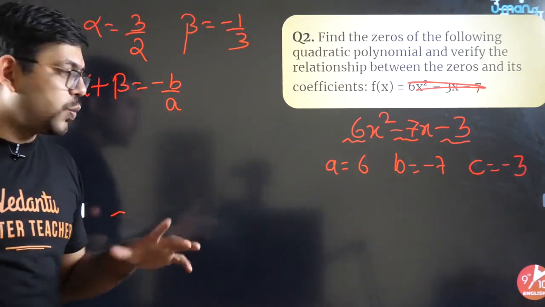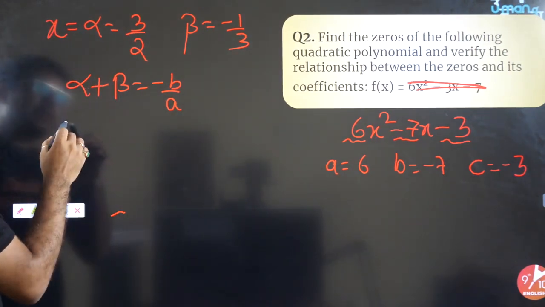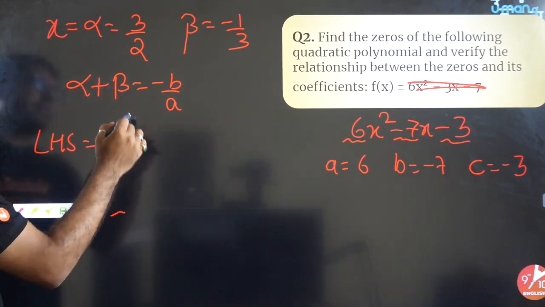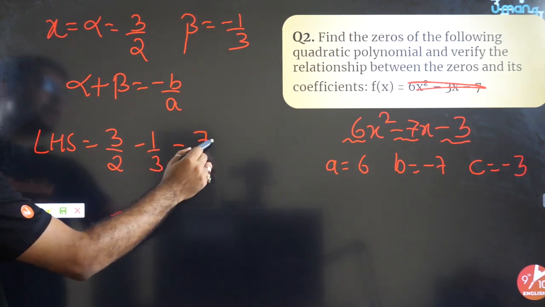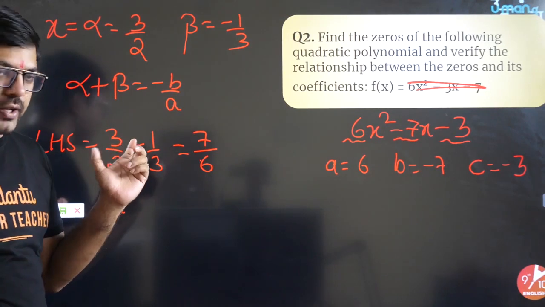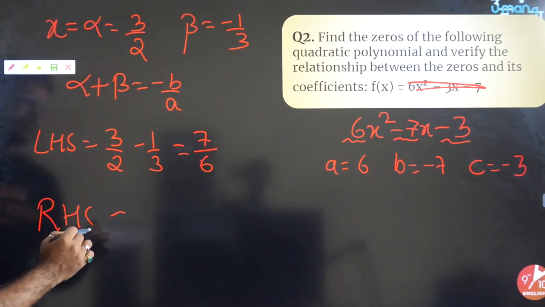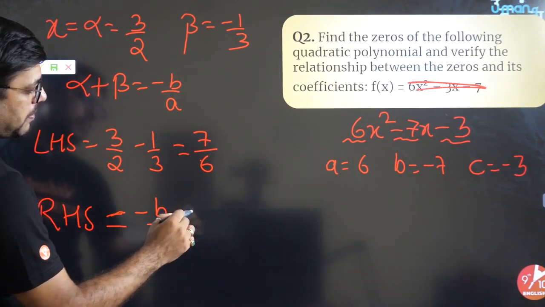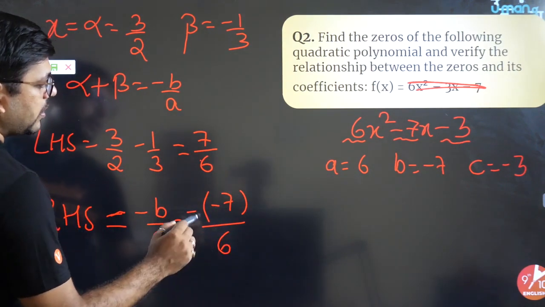So if I talk about alpha plus beta, I'll write LHS first. LHS is 3 by 2 and beta is minus 1 by 3. If you take the LCM, 3 3 is 9 and minus 2, you will get 7 by 6. Now if I talk about the RHS part, RHS is minus b upon a, that is minus, in place of b you will write minus 7 and in place of a you will write 6.